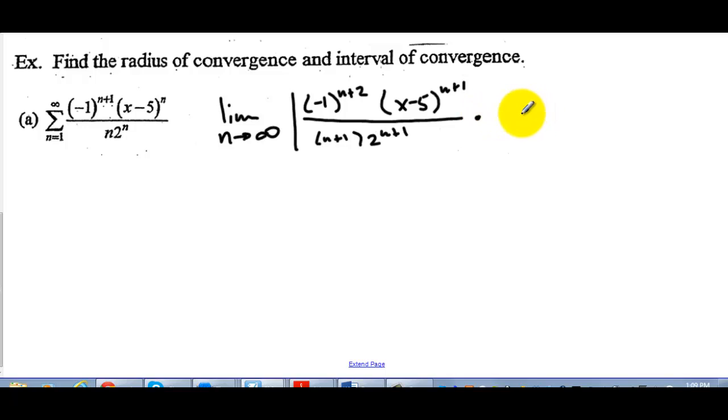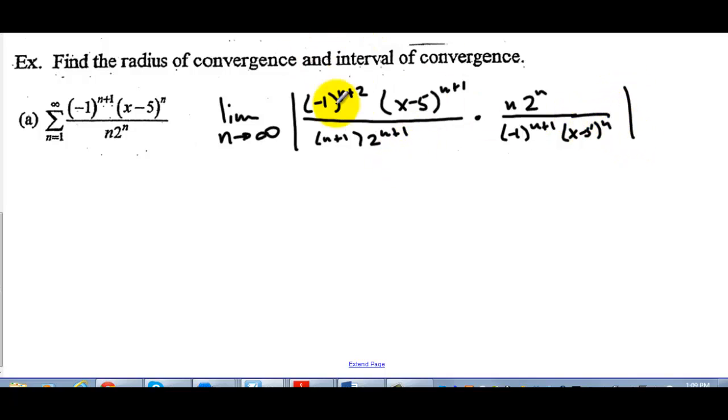Now we're going to divide by the nth term, so we can multiply by the reciprocal. We have n times 2 to the n over negative 1 to the n plus 1, and then times (x minus 5) to the n.